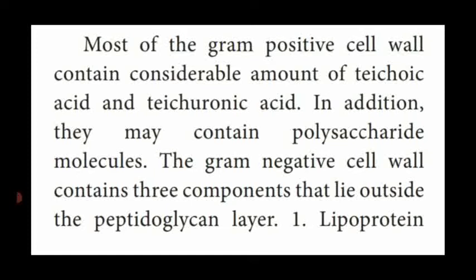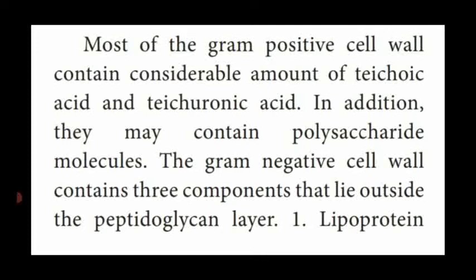Along with them, some more substances are also present in the cell wall, that is polysaccharide molecule. It is common, isn't it? The cell wall of a bacteria is made up of polysaccharide.